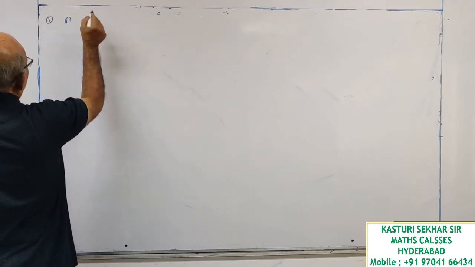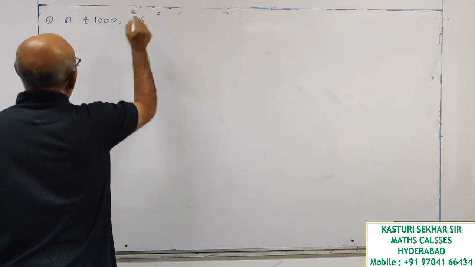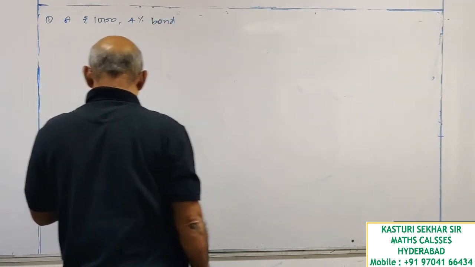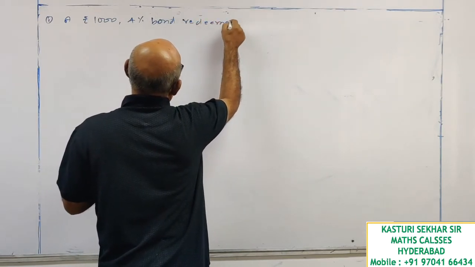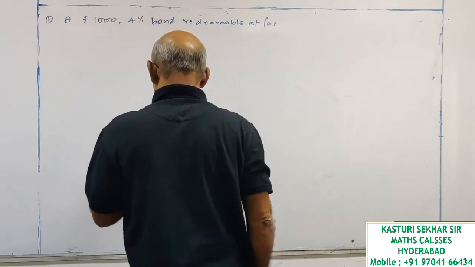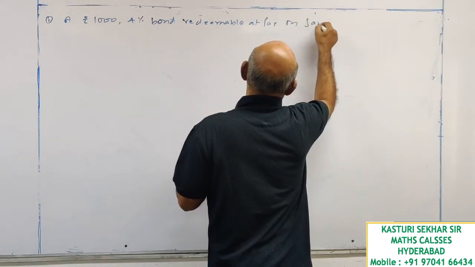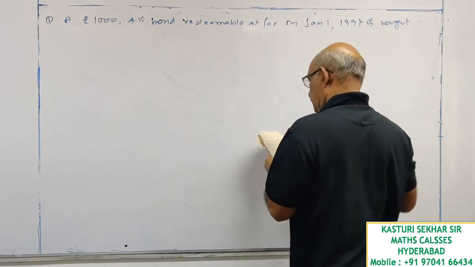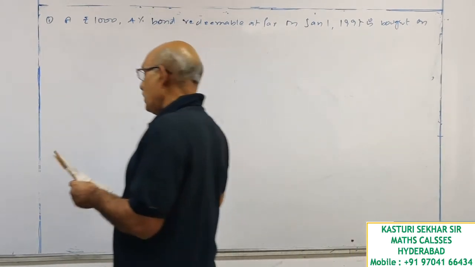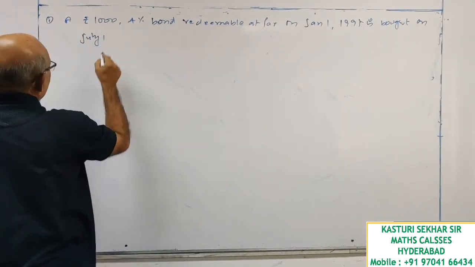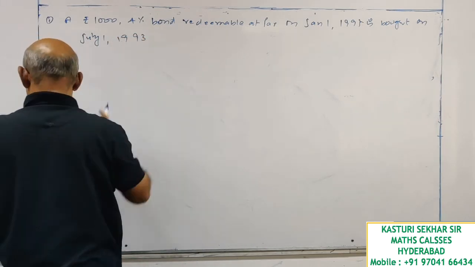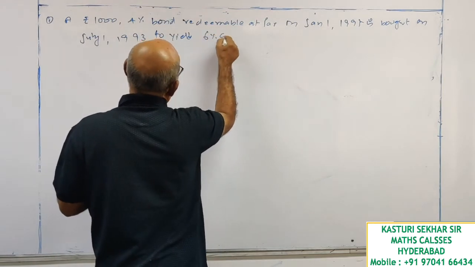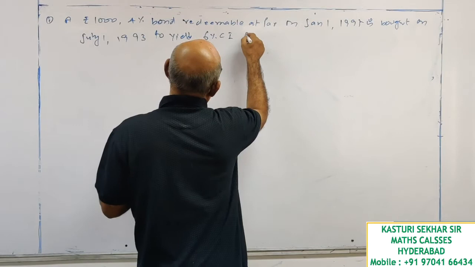Question number 1. A rupees 1000, 4% bond redeemable at par on January 1st, 1997 is bought on July 1st, 1993 to yield 6% compound interest compounded semi-annually.